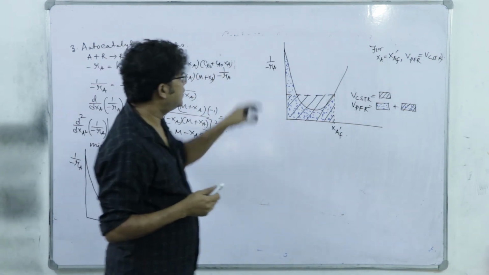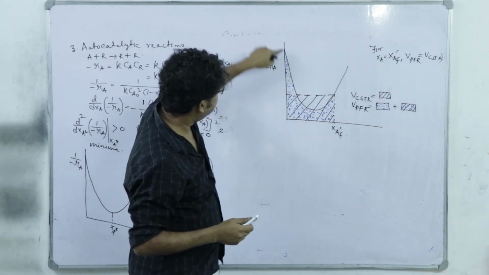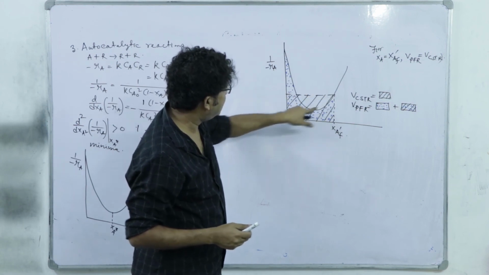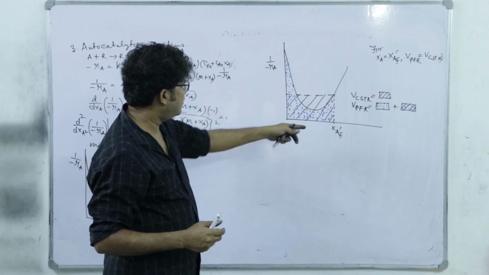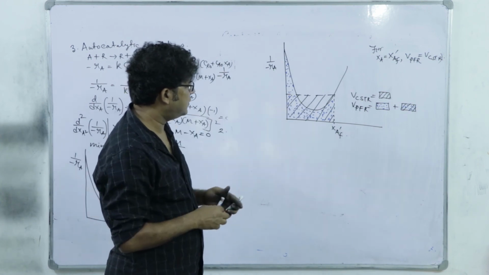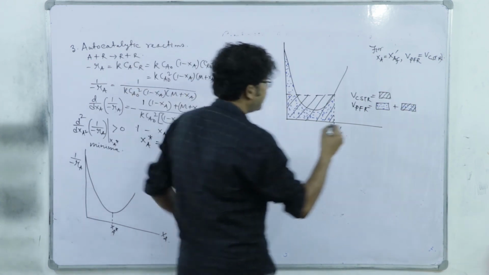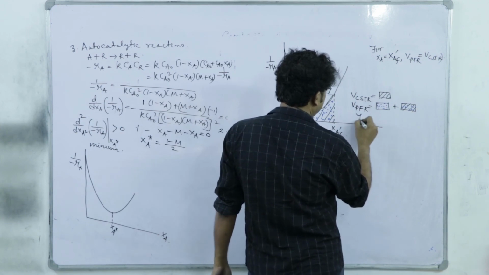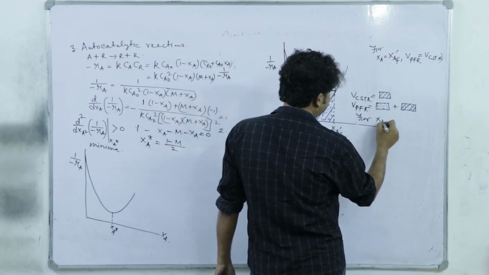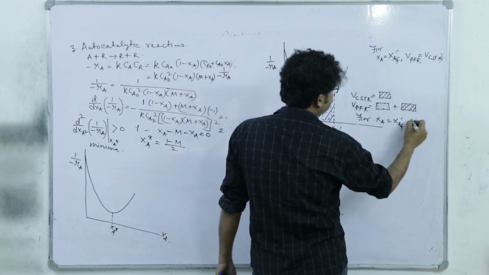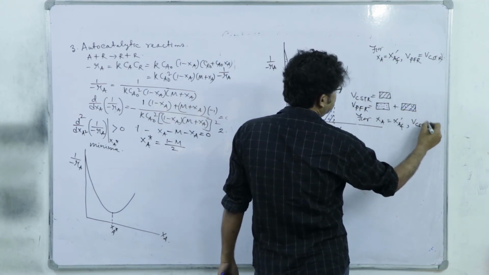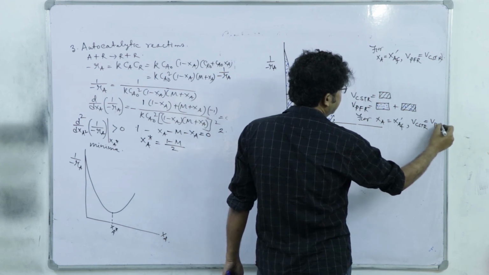So this unhatched area and this only hatched area, if they are same, and it must be same to have this V CSTR equal to V PFR. So for XA equal to XAF prime, this V CSTR equals V PFR.